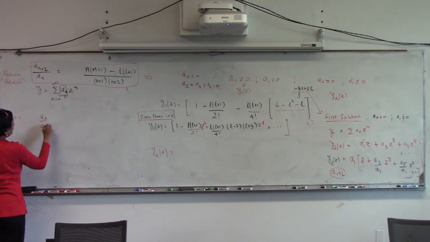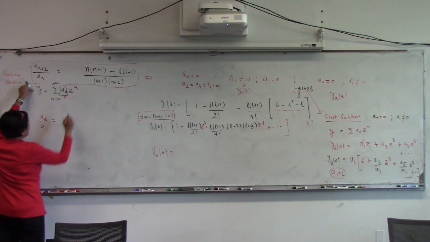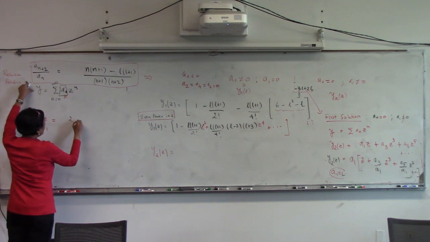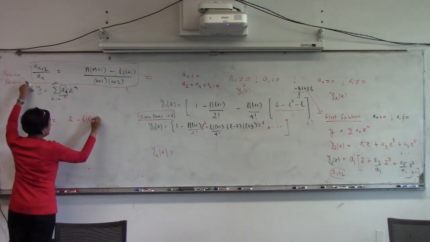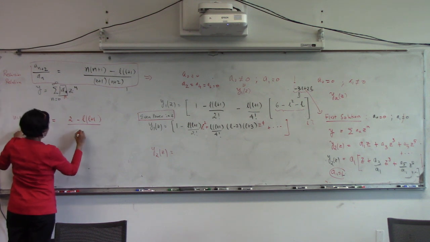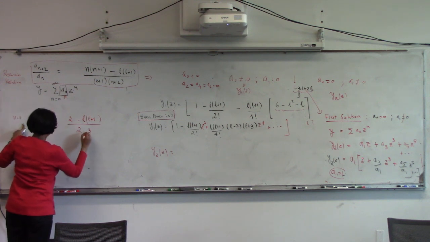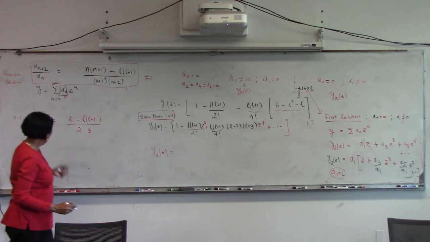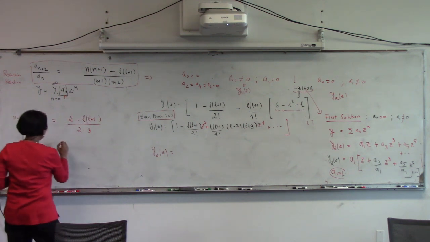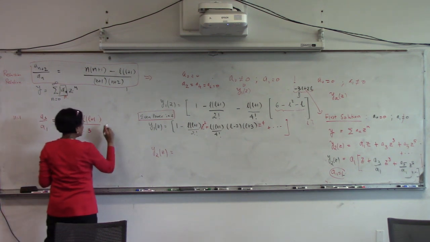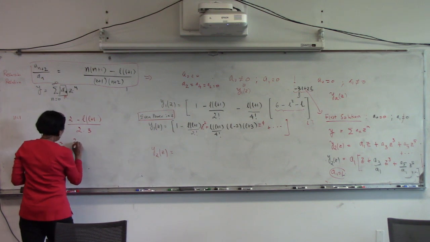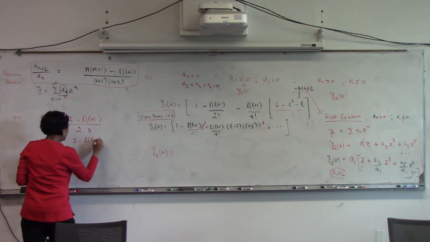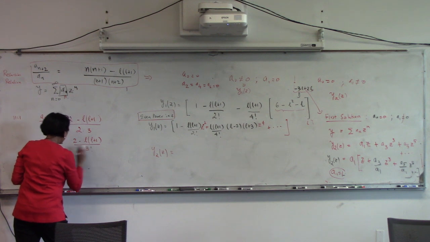A3 over A1 is nothing but 2 minus L times L plus 1, n equal to 1. So this looks like a 3 factorial in the denominator. Okay, so I'm going to write this as 2 minus L times L plus 1 divided by 3 factorial.